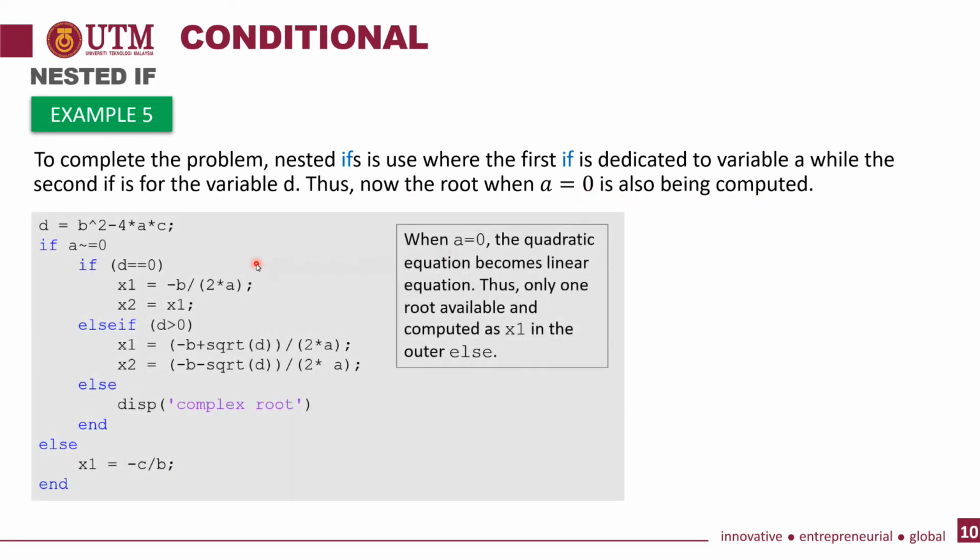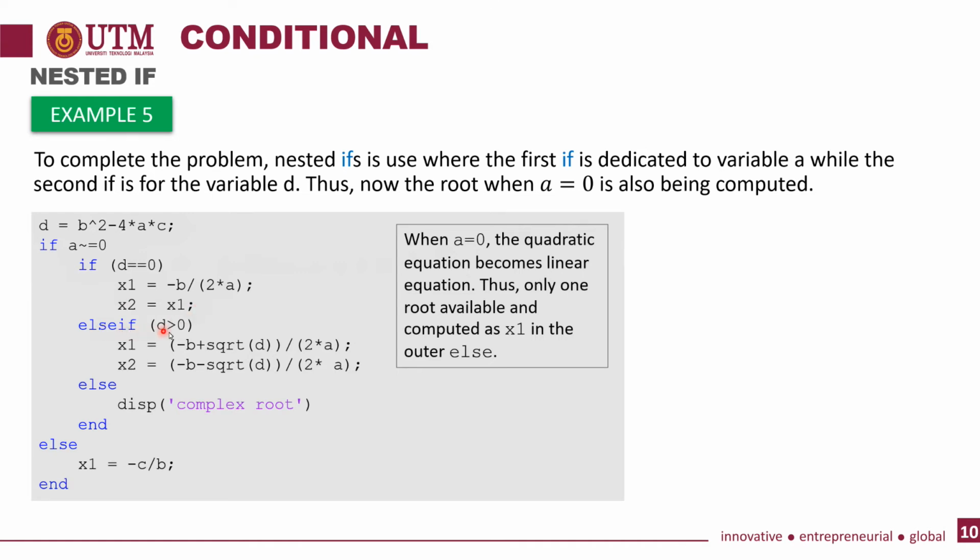Nested if is actually an if statement inside an if statement. As usual, D we initialize as b squared minus 4ac. If A is not equals to 0, and then we have another if here. If D equals to 0, it will execute this statement.